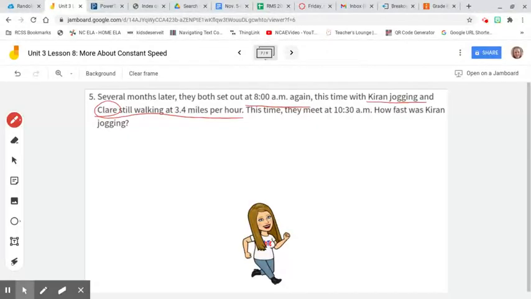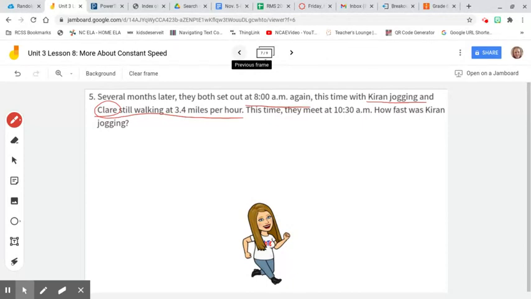It wants to know how fast Kieran is jogging. So that means it has taken them 8, 9, 10, 2.5 hours instead of 3 hours and 45 minutes.